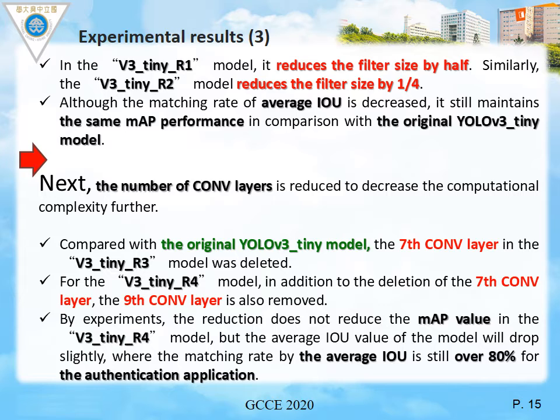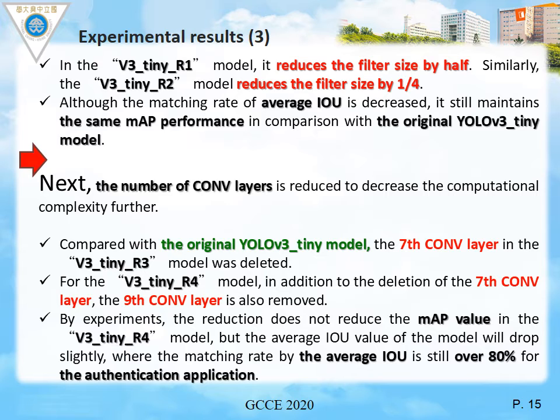Next, the number of convolutional layers is reduced to decrease the computational complexity further. Compared with the original YOLOv3 Tiny model, the seventh convolution layer in the V3 Tiny R3 model was deleted. For the V3 Tiny R4 model, in addition to the deletion of the seventh convolution layer, the ninth convolution layer is also removed.